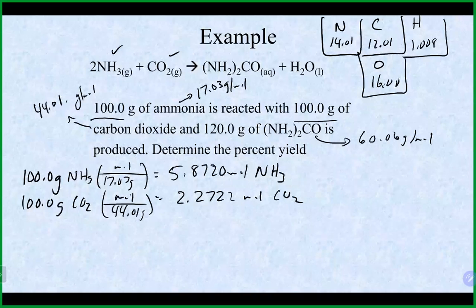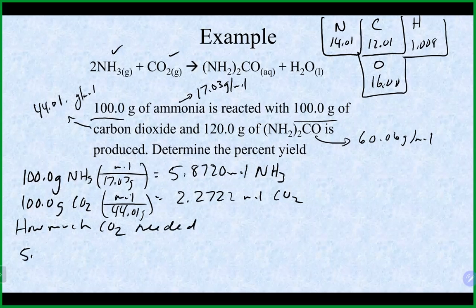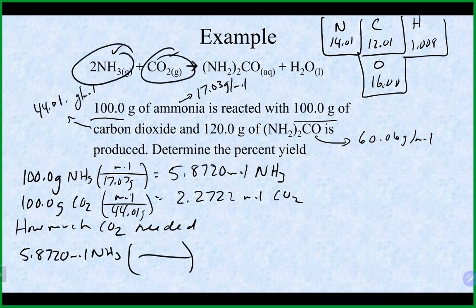So I want to know how much CO2 is needed in this case to basically use up all the NH3. So I'm going to start with my NH3, which is 5.8720 moles. Using the mole-to-mole relationship from the equation, it's a 2-to-1 relationship: 2 moles of NH3, 1 mole of CO2.